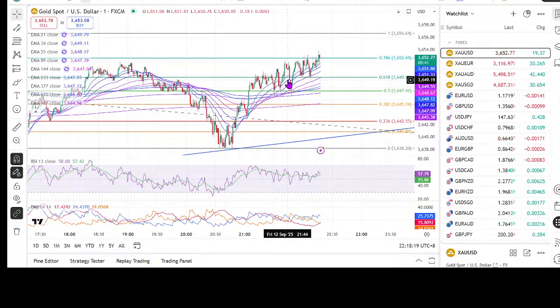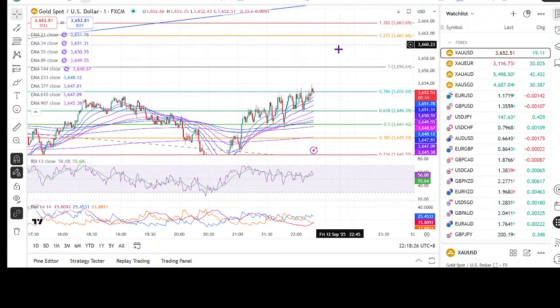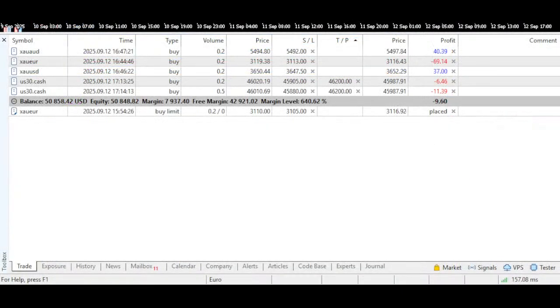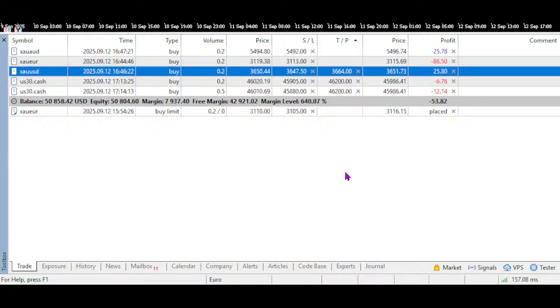If the strength continues, we should see the price target hitting 64 or 68 before 11:30 Singapore time, another 1 hour 30 minutes. So I just want to put in this TP at 64. Then I'll just wait for another 1.5 hours.